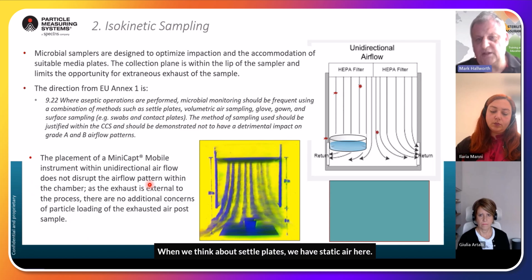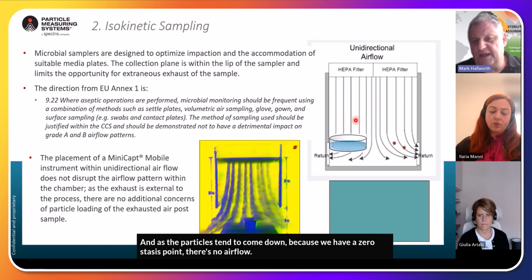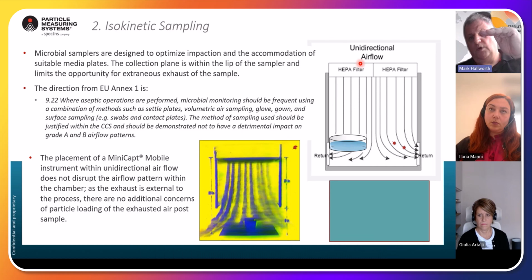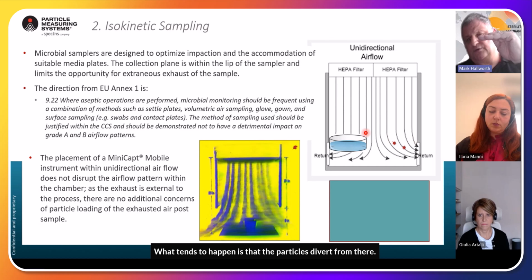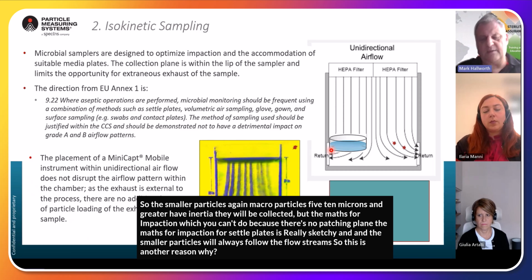When we think about settle plates, we have static air here. And as the particles tend to come down, because we have a zero stasis point, there's no airflow. What tends to happen is that the particles divert from there. So the smaller particles, again, macro particles, 5, 10 microns and greater, have inertia, they will be collected.